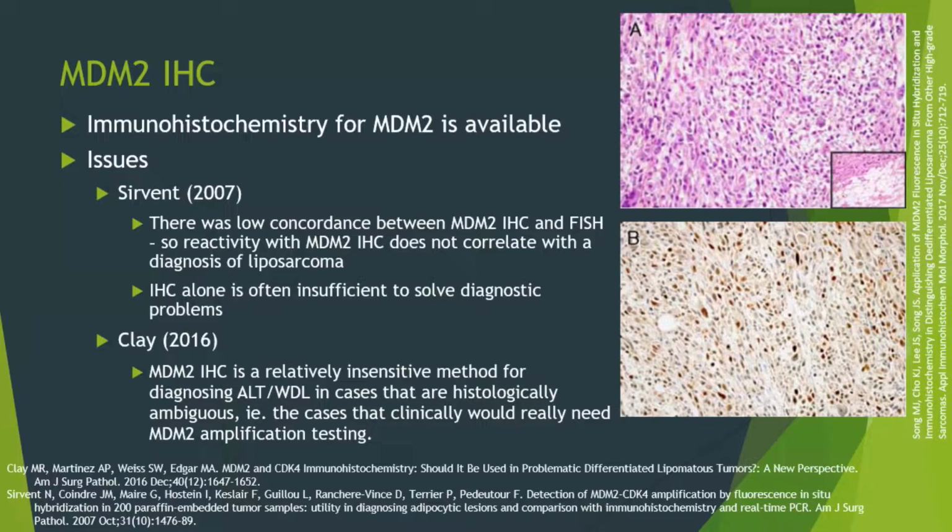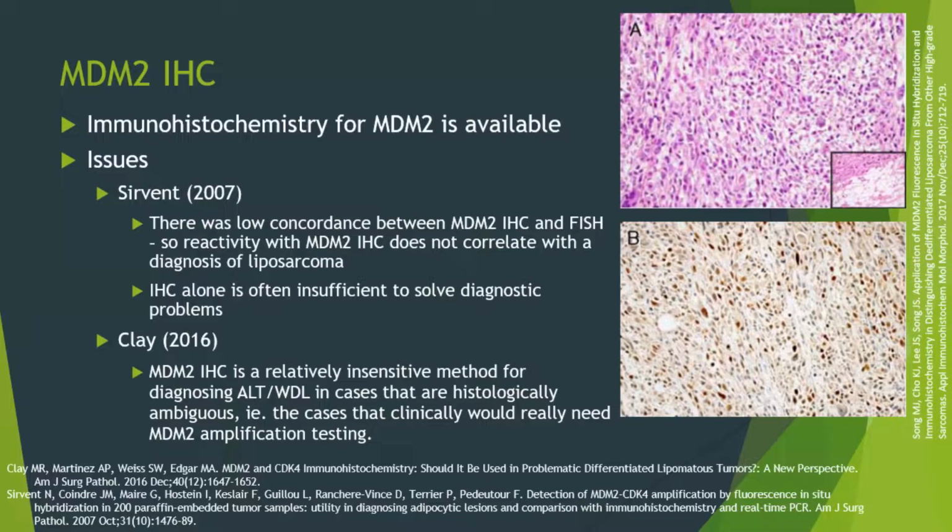Now, Clay in 2016, a more recent study, performed MDM2 and CDK4 immunostaining in 183 well-differentiated adipocytic tumors that are histologically ambiguous, meaning cases that are not clear-cut, and these are the cases that in practice would necessitate MDM2 testing.